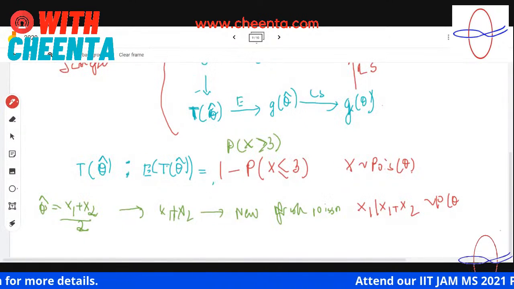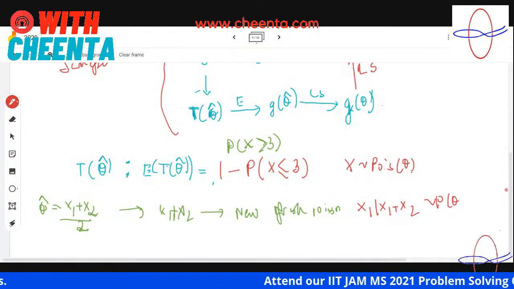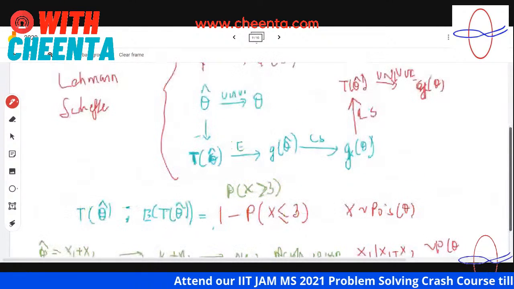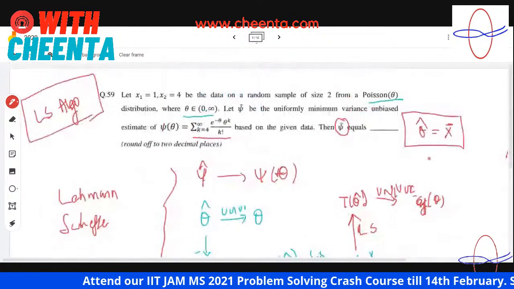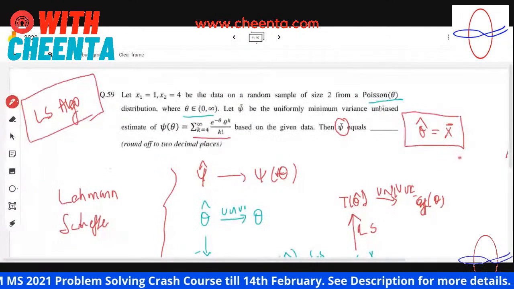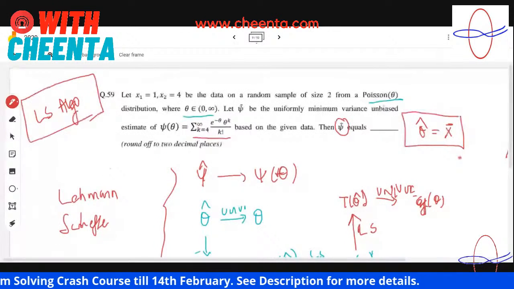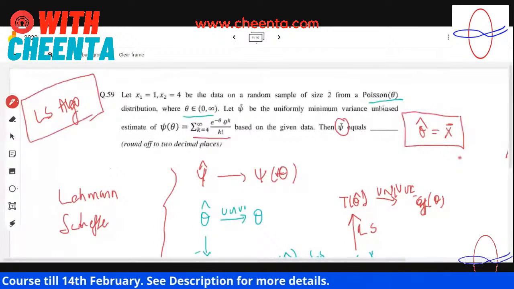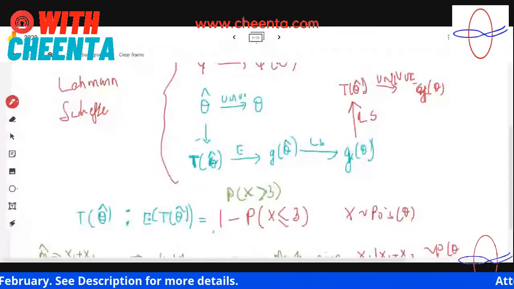So x1 plus x2 follows what? x1 plus x2 follows Poisson, e to the power twice theta, Poisson twice theta, right? So you want to remove the twice from here and get it in terms of theta. How do you do that? You can find the conditional, yeah.